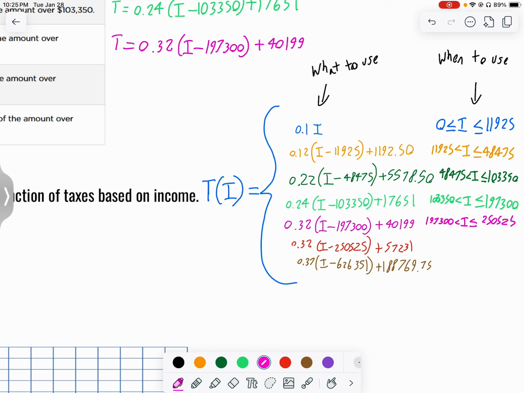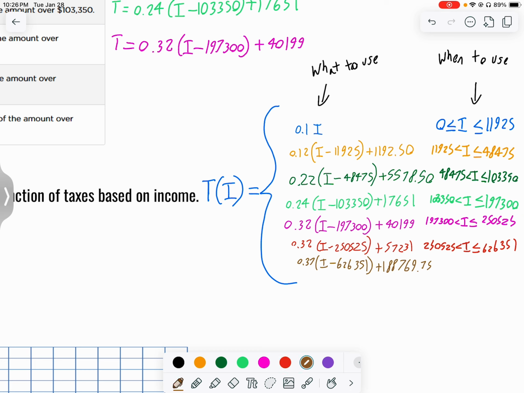All right, I'm going to do the last two in 5, 4, 3, 2, 1. 2, 0. Sorry, that's wrong. 250,525 is less than I, which is less than or equal to 626,351. Now the last one doesn't have anything bigger than it, so we're only going to write the first half.